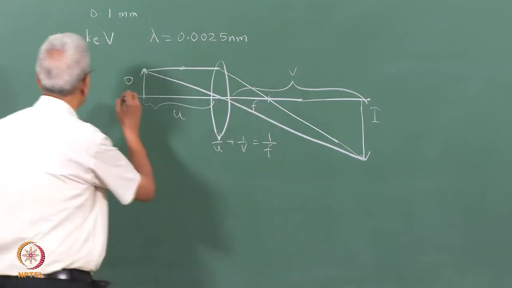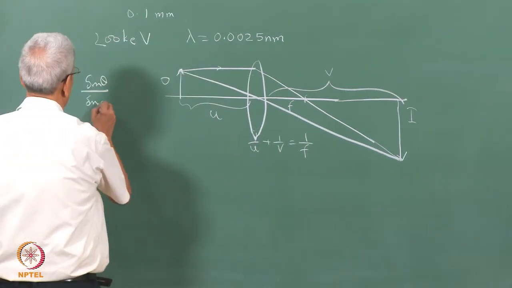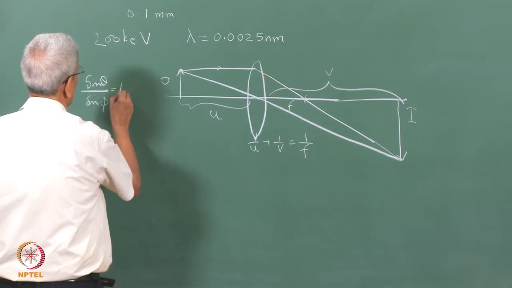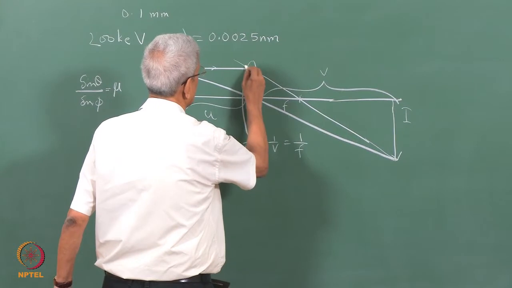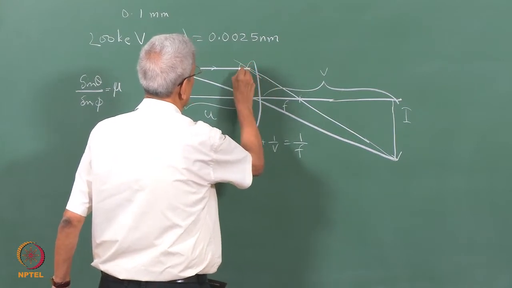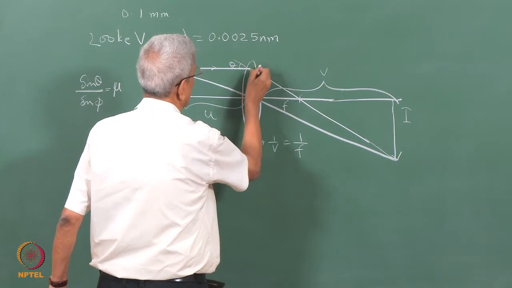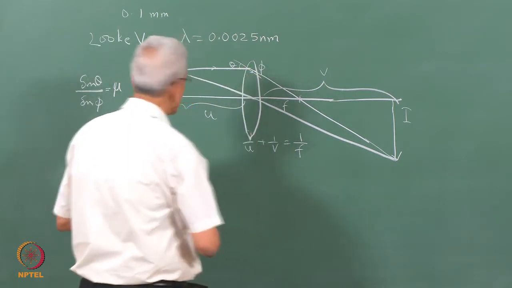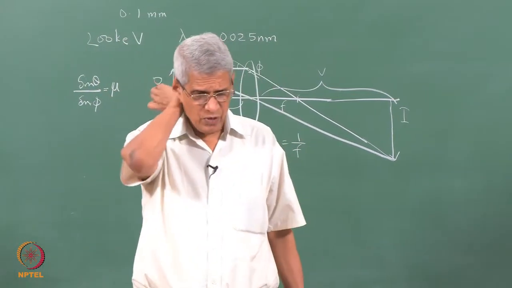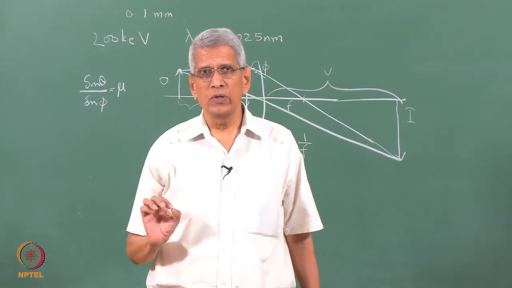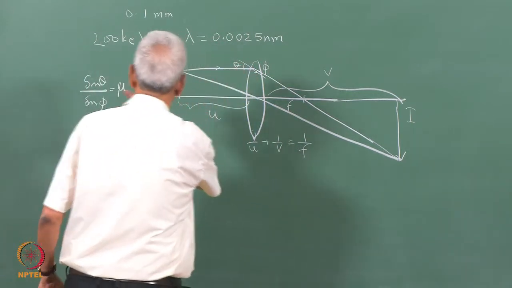What is Snell's law? Snell's law says that sin theta by sin phi equals mu, the refractive index. That is, if this is the normal, this is theta and this angle is phi. This Snell's law has to be obeyed, and this is the rule which governs how the rays are bent when they enter from one medium to another medium.